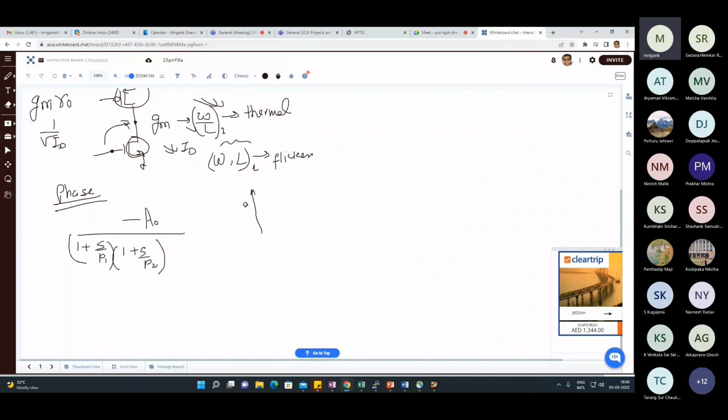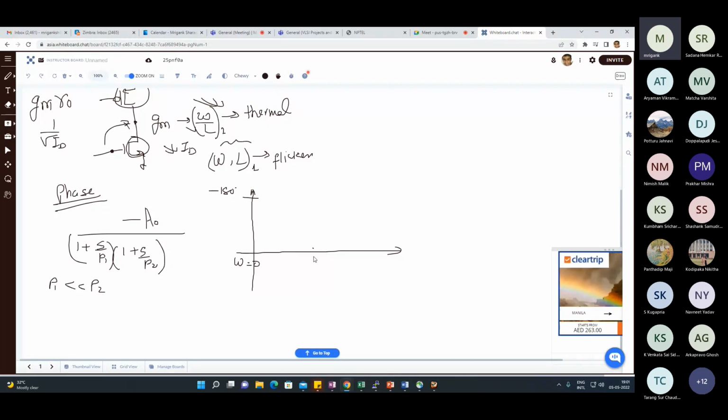Okay. So now if you are starting at omega equal to 0, drawing straight lines here becomes a little bit of a problem. At omega equal to 0, once again we can see that you will be at minus 180 degree. Overall phase shift is just minus A naught. So as compared to input, you are at minus 180 degree. The condition here is once again, last time also I think I took this condition, P1 is much less than P2.